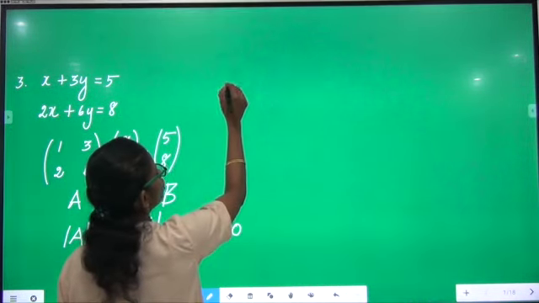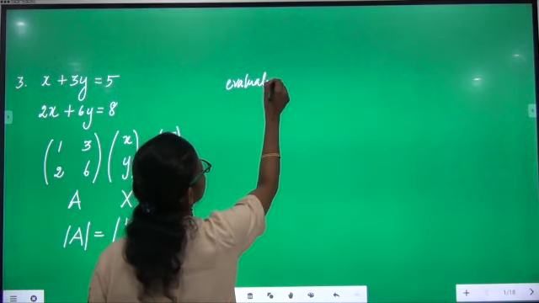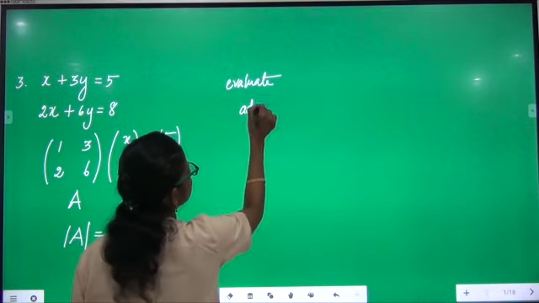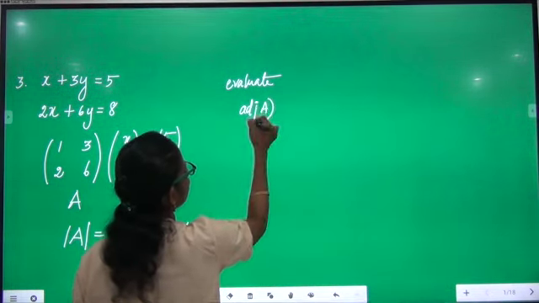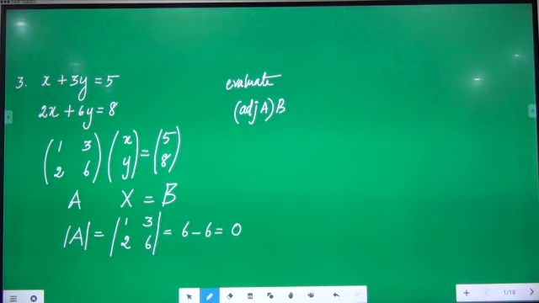First step, what we want to do? Evaluate adjoint of A into B. Adjoint of A, if it is a 2 by 2 matrix, how to find adjoint of A? Interchange the main diagonal entries, change the sign of the subdiagonal entries.